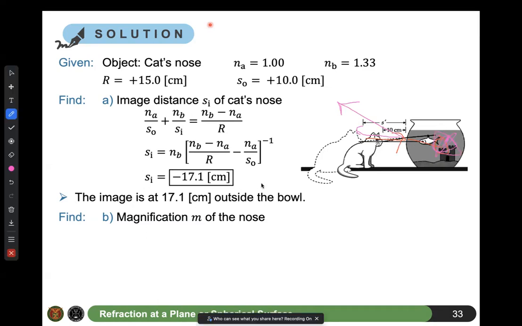But since we get a negative SI, the image formed is virtual, so it is on the same side as the incoming side, outside the bowl.